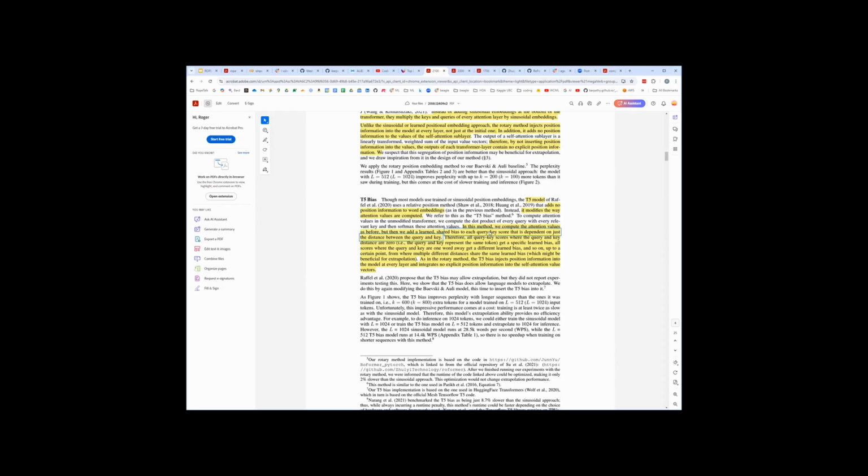But is it before the query key product? Well, that's what I thought this was saying: compute the attention values. And that's what a query key score is, the attention values. Okay. T5 bias method modifies the way the attention values are computed.